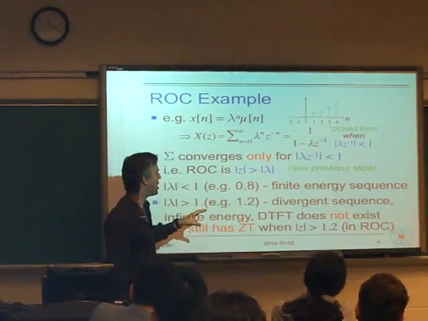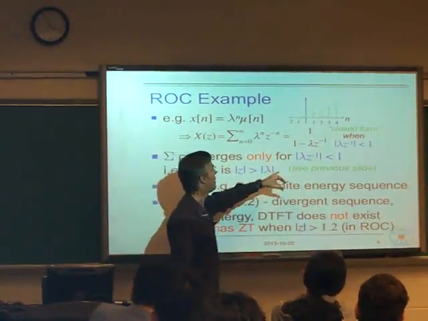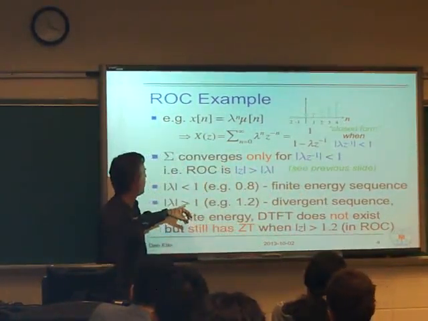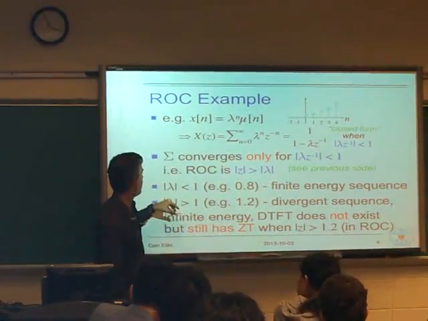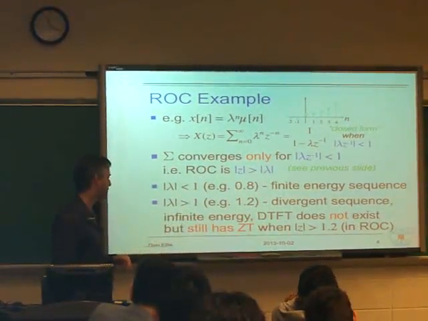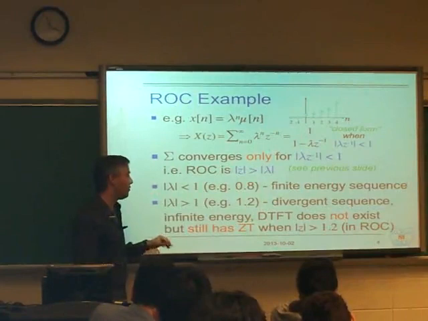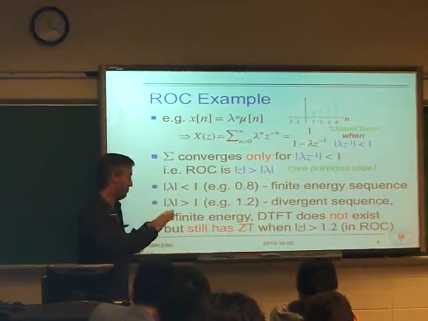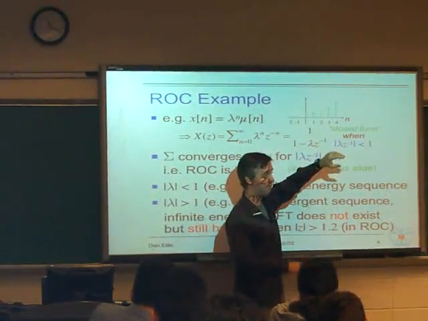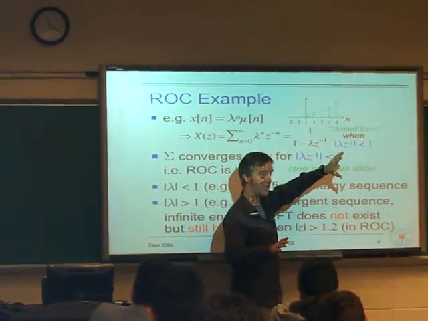We can calculate the Z transform. It's just that it only converges for values of Z larger than 1.2, right? It only converges for values of Z such that the magnitude of lambda divided by Z, or lambda Z to the minus 1, is smaller than 1. It's basically because both the divergent and the convergent forms of the sequence have regions of convergence in the Z transform.